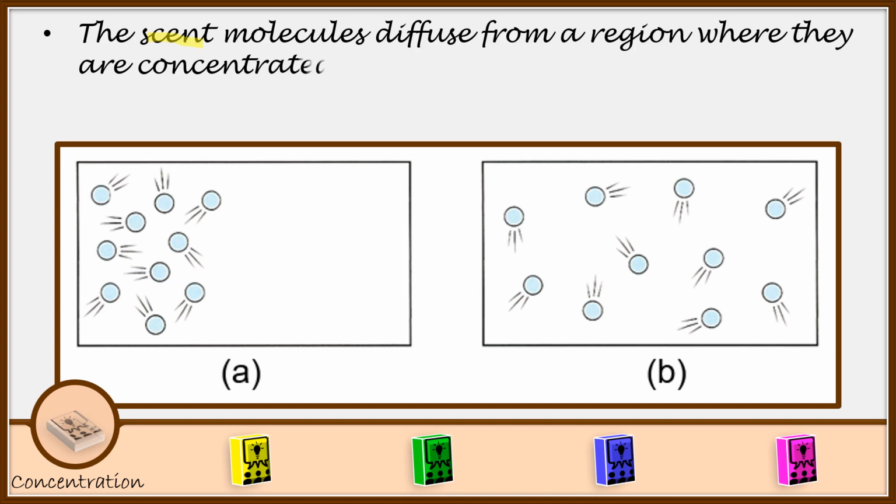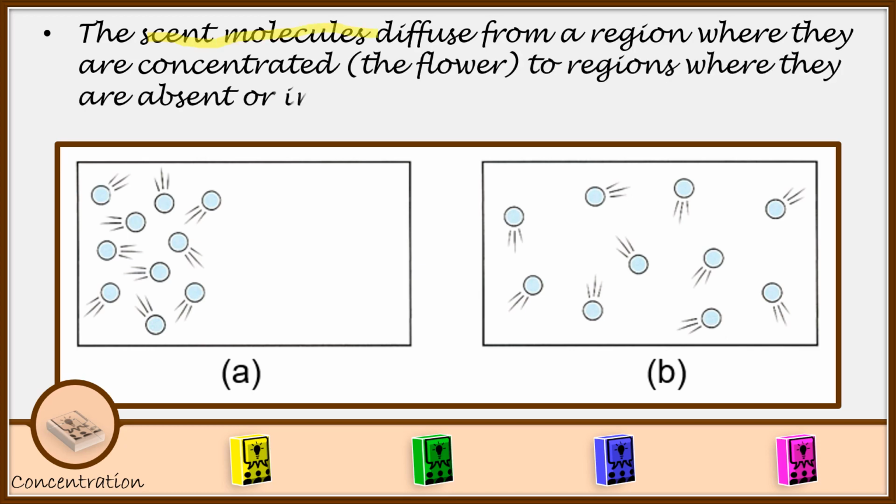The scent molecules diffuse from a region where they are concentrated, that is the flower, to a region where they are absent or in a low concentration.